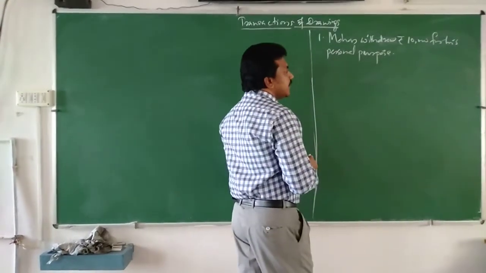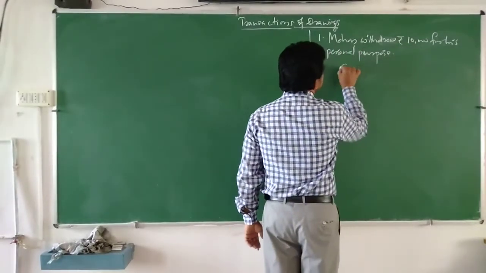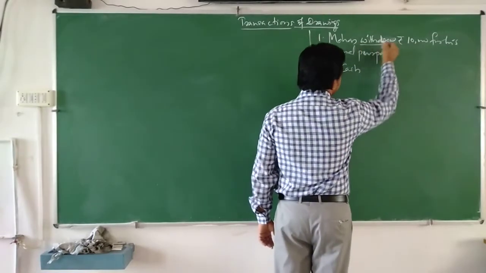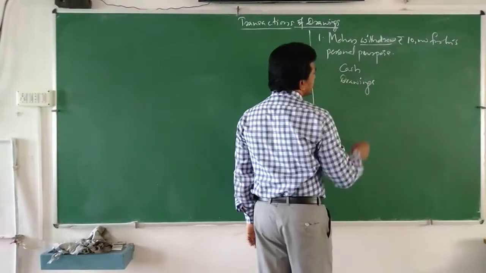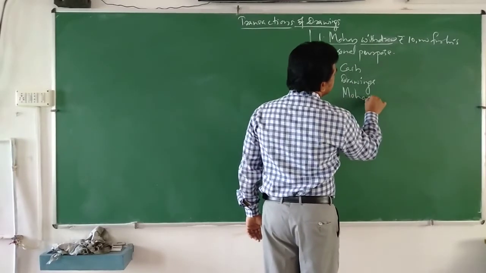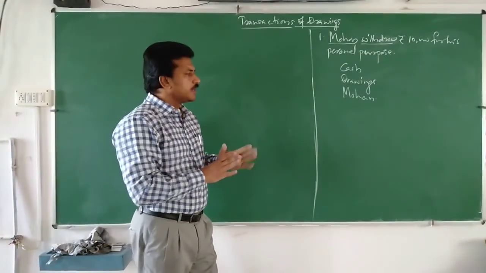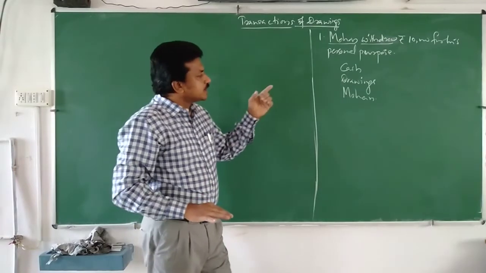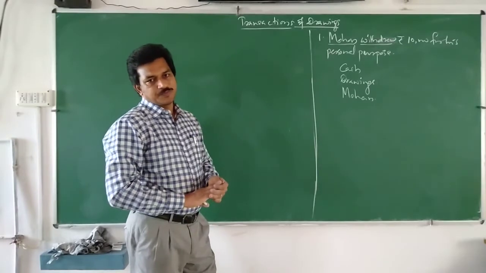So what are the aspects here? He withdrew 10,000. So cash is there, 10,000. And withdrew means drawings is there. And Mohan is there. Okay, so these are the three aspects. Mohan here means Mohan's capital. So cash is one aspect, drawings is another aspect, and Mohan is another aspect.